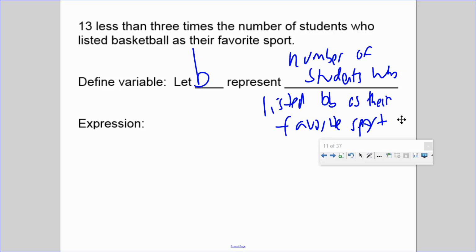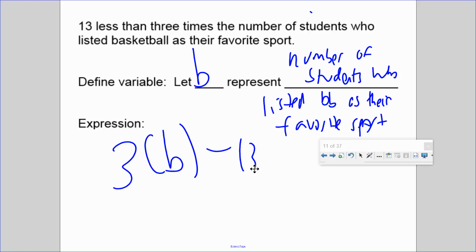So 13 less than three times the number of students who chose basketball, and 13 less than that. 3B minus 13. If you had written 13 minus 3B, that would have been wrong, because you're not taking three times the students from the 13. You're taking 13 students from all the students who like basketball.